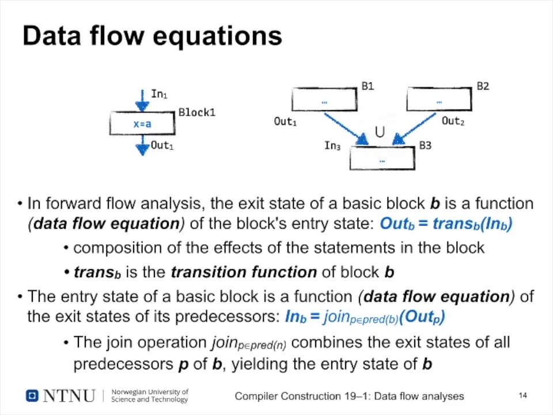So the entry state of a basic block is in general another data flow equation, a function of the exit states of all predecessors. So in B is the join of the out values of all predecessors of the current block we're looking at. For a single block like this one, this is simple because we only have a single block coming in, so we don't have to join anything. If we have joint control flow, we have to consider all of these. These combine the exit states of all the predecessors, and this is then the combined entry state for our block B, which in this case would be the block B3.